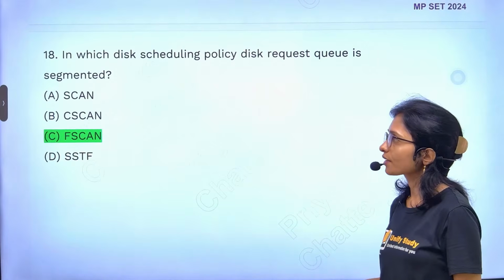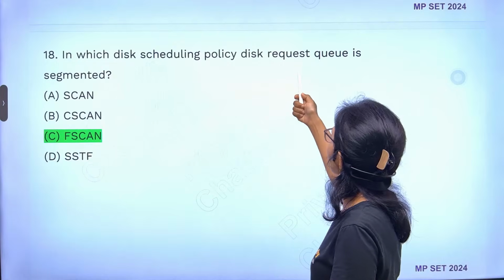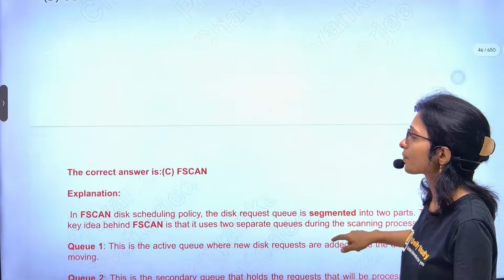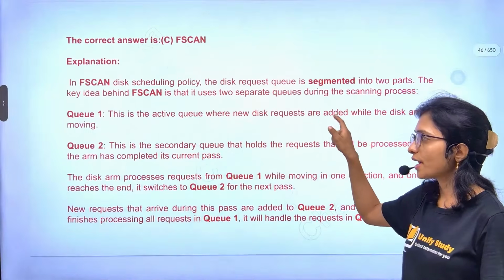SCAN. Here the policy's request queue is segmented, where you are dividing it into segments. Why?